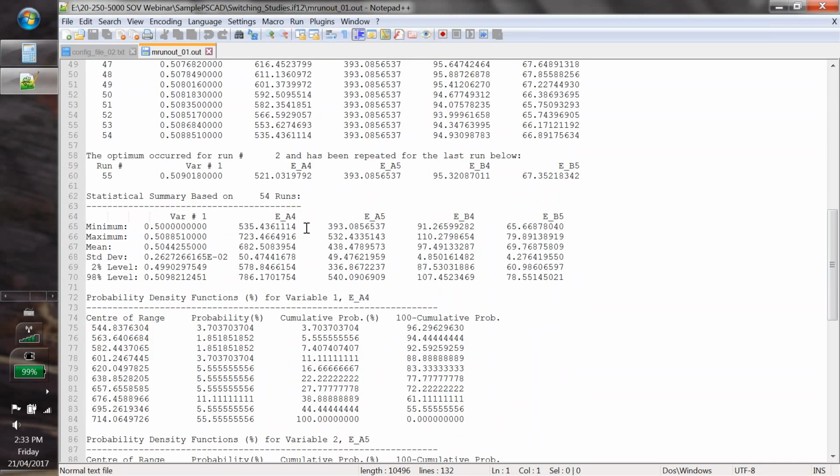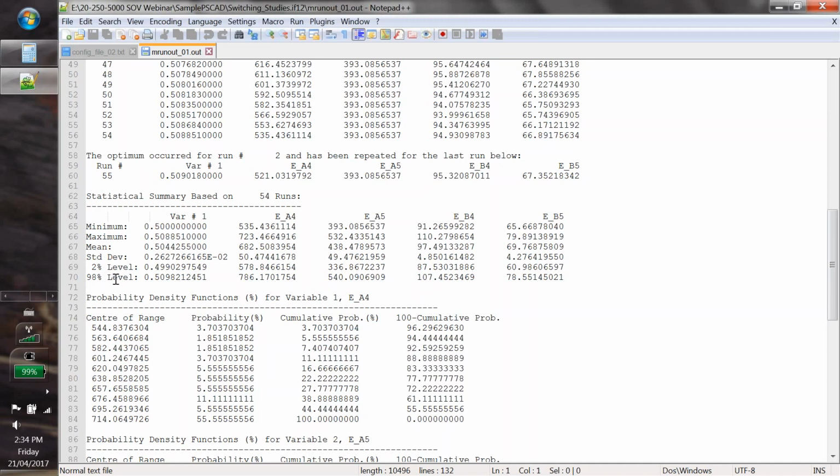And at the end, you can see for each variable, there's a minimum, maximum, mean value, standard deviation, 2% level, and 98% level. And remember, the 2% level is mean minus 2.054 times standard deviation.